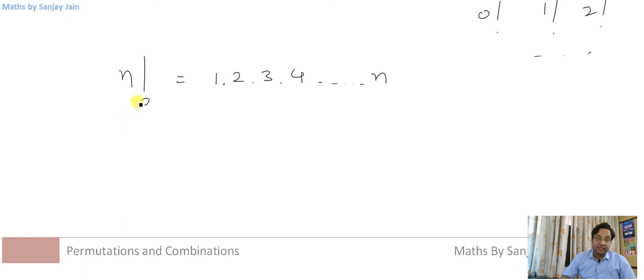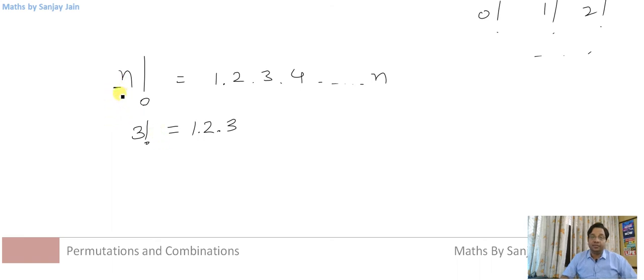Okay, let us understand it with some specific numbers. For example, if I want 3 factorial, I'll start with 1 and keep multiplying up to 3. So 1 into 2 into 3. This is the product of natural numbers starting from 1 to n.